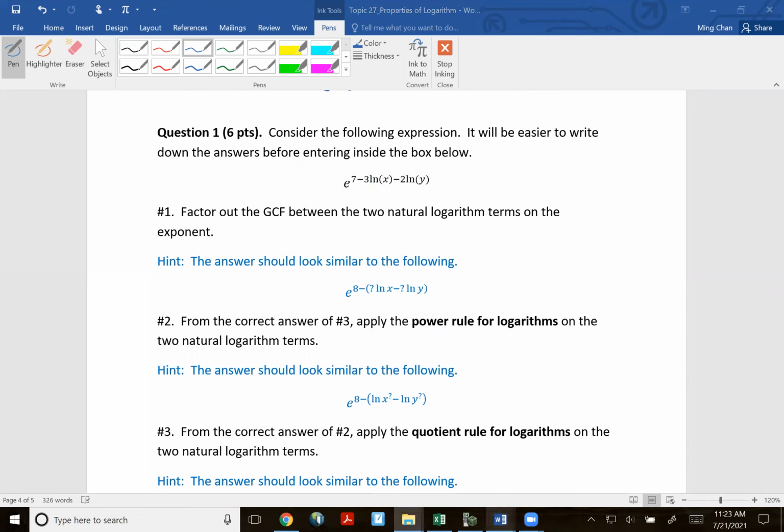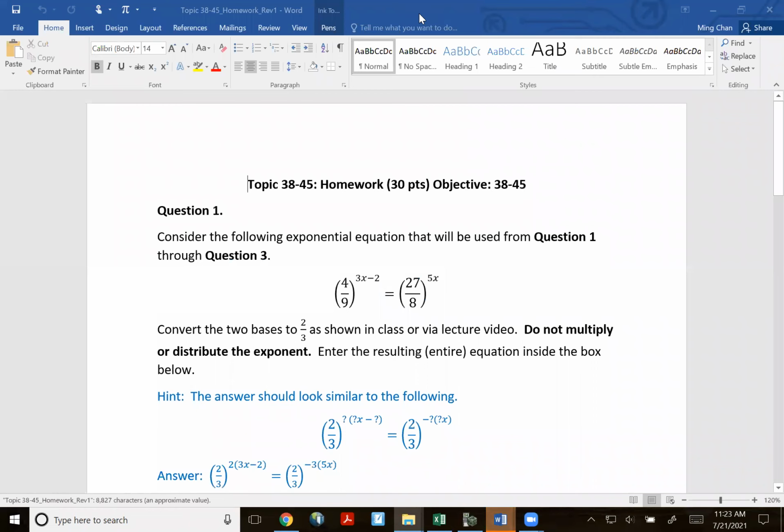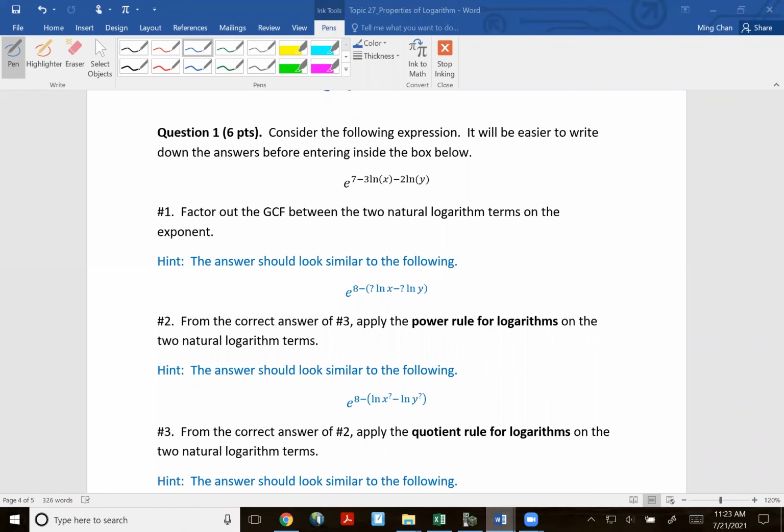This is supposed to be, let me make sure my signs are correct. I copy and pasted, but I didn't change it. So this problem, let me double check and make sure I tell you correctly. Give me one split second. There's not much of a difference, but just slightly.